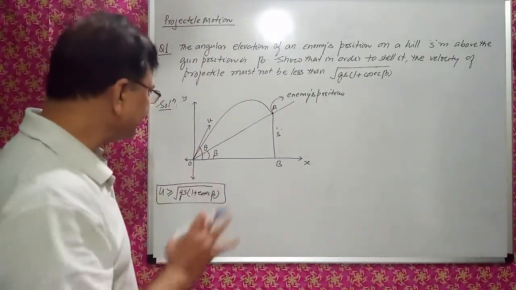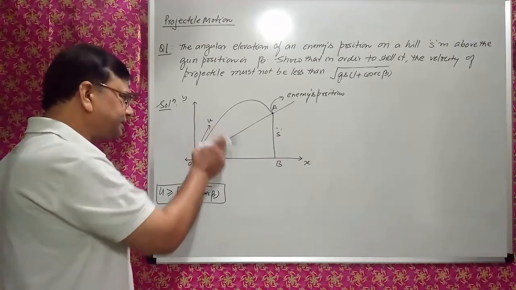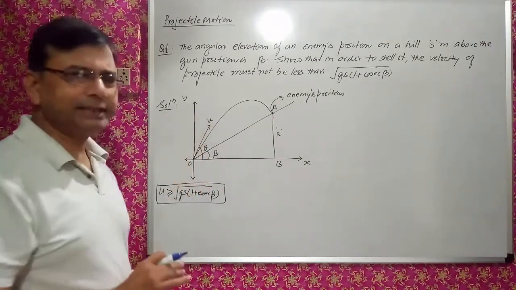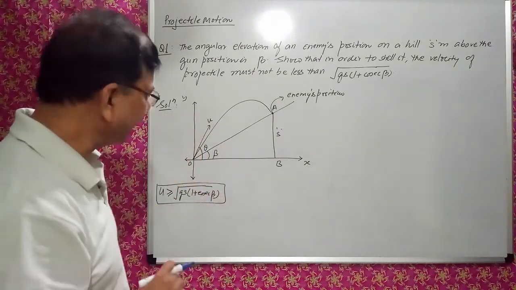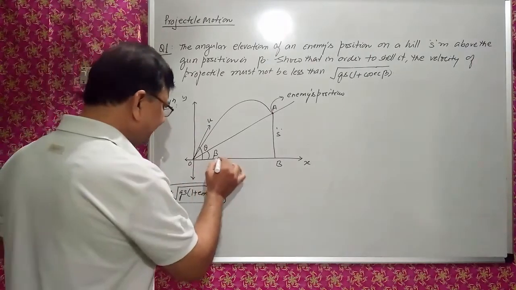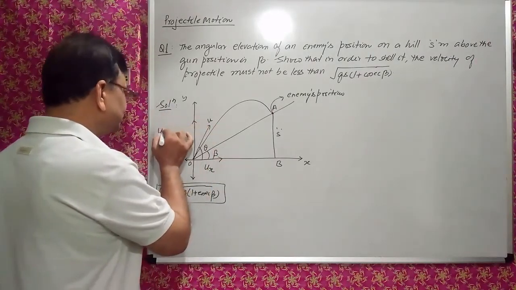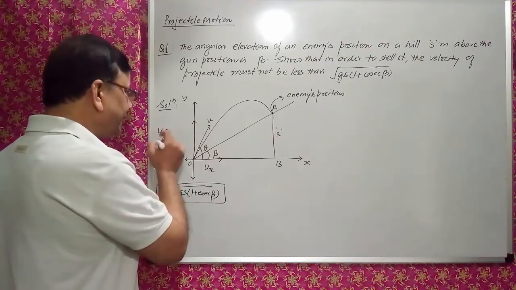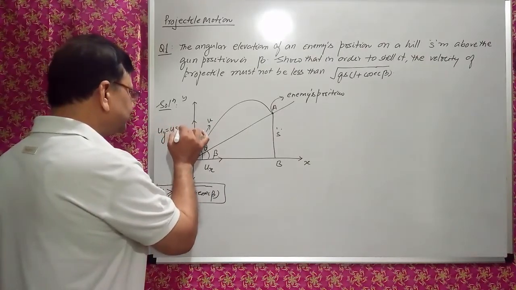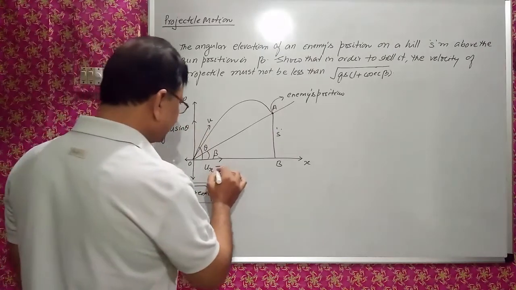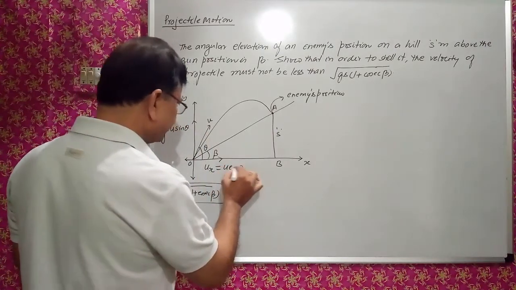it becomes easier. We resolve this velocity in two perpendicular directions, that is along x-axis and along y-axis. Suppose in this direction it is ux and along this it is uy. So uy is equal to u sin theta and ux is equal to u cos theta.